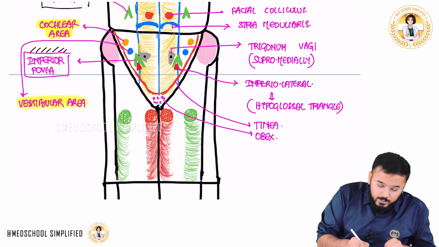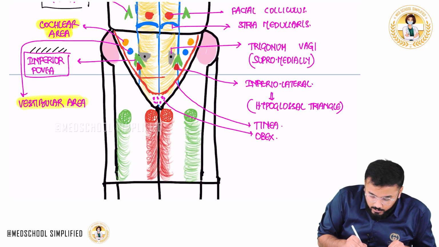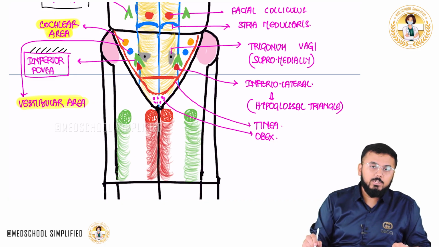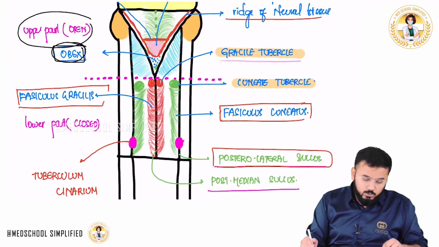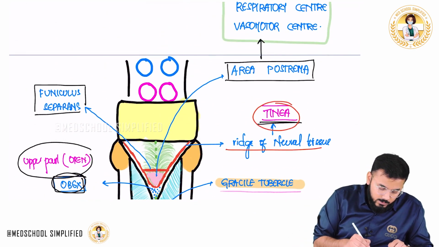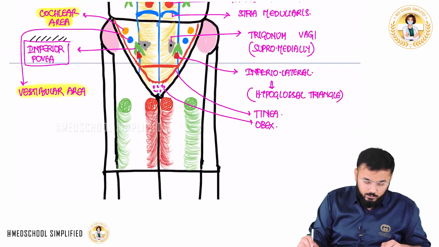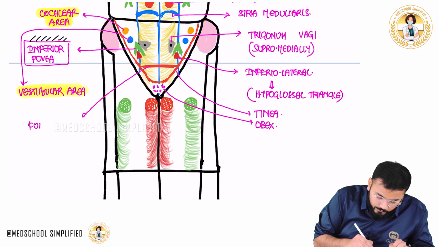The third important thing is that within this triangular area, from one end to another end, there is a connection like this. I have already told you what this connection is called. This is called the funiculus separatus.